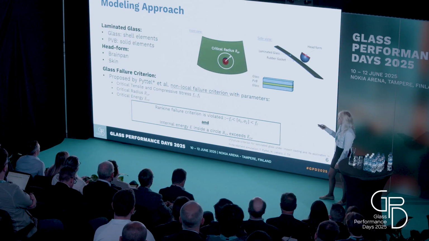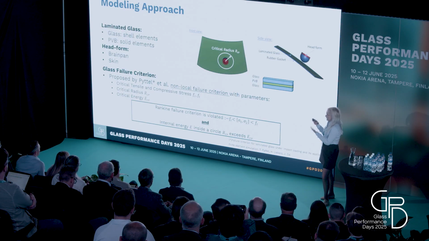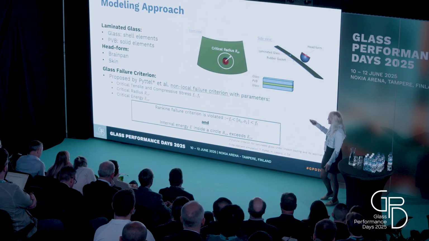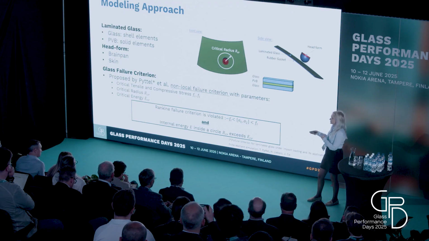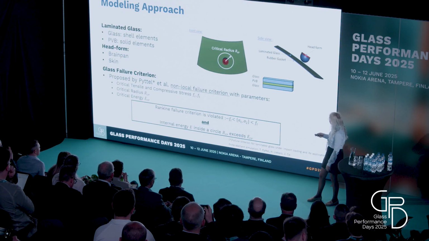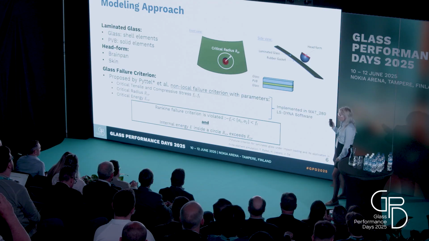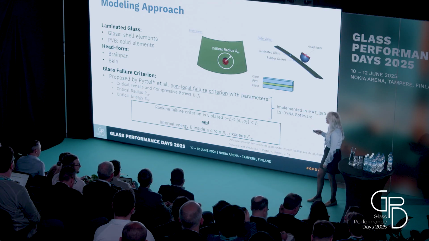For breakage to happen, both parts of the criterion, the stress criterion and the energy criterion, should be satisfied at the same time. And this criterion is actually implemented into LS-DYNA.